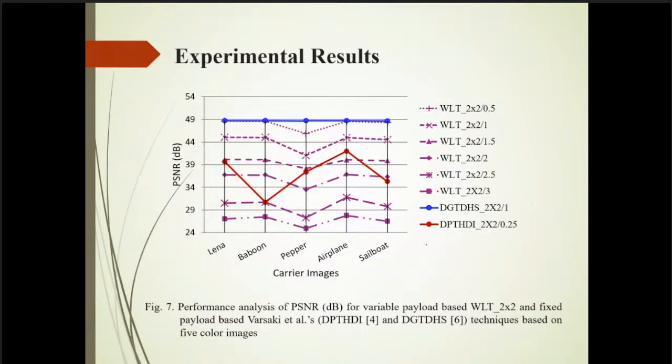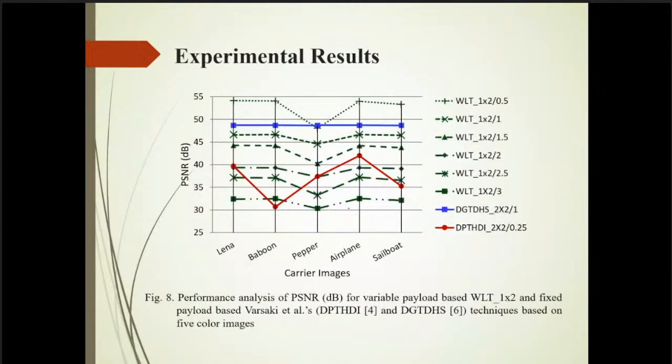And you see again here the carrier image and the peak signal to noise ratio, here for 2x2 only. You see that for Legendre transform at 3, it is degrading. But I will come later and show you the 1x2.